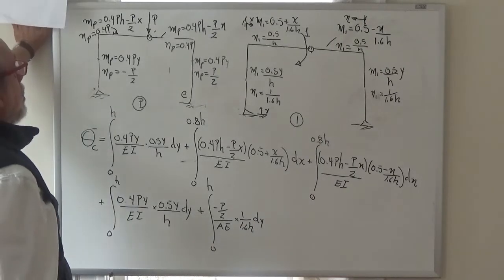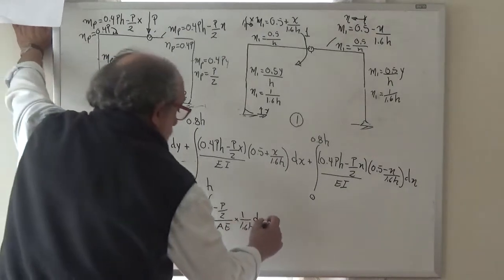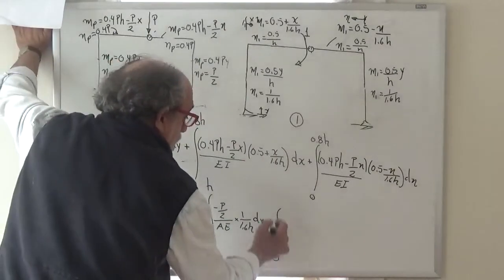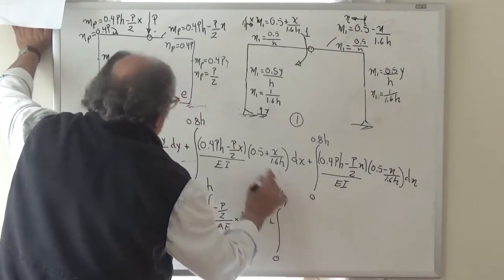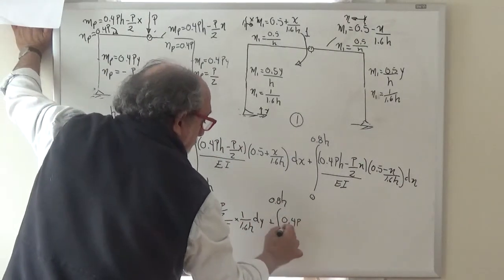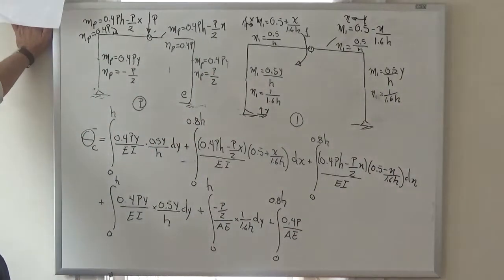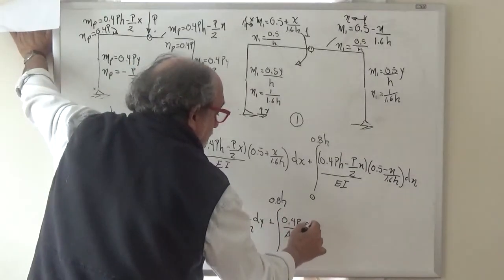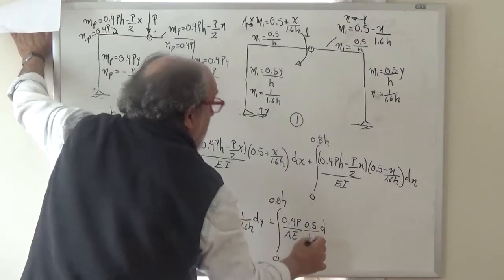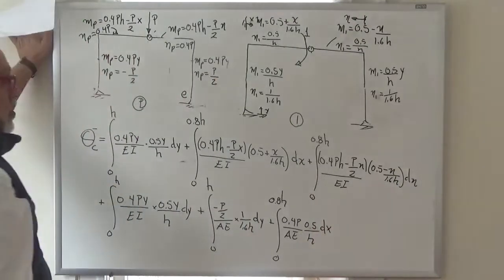Then we have the next bar. Integral from 0 to 0.8h of 0.4 p over AE, times 0.5 over h times dx from 0 to 0.8h.